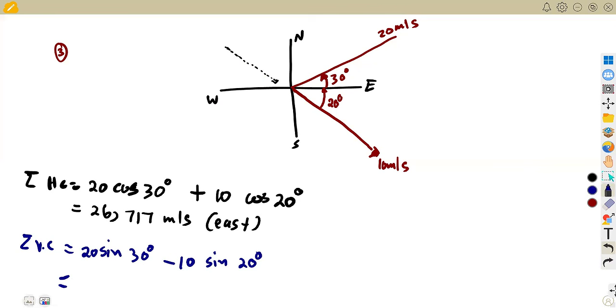Combine this. You are going to obtain something like 6.579, which is 6.580 to 3 decimal places meters per second. And that's a positive, meaning we are going to the north. For a vertical to be positive, you are going up. So that's to the north.